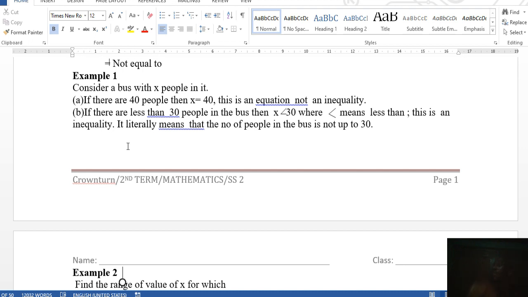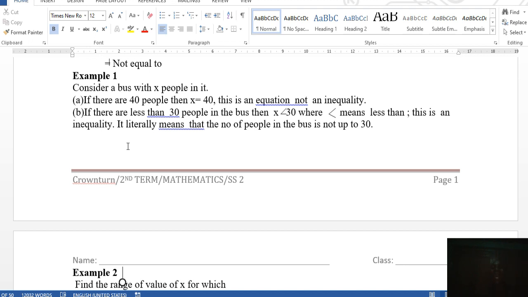So wherever you see X, you put what? Put 40. Do you understand? Wherever you see X, put 40. So if there are 40 people, then X equals 40. This is an equation, not an inequality. It is an equation. X is equal to that. You understand? X is equal to, so it is not an inequality.